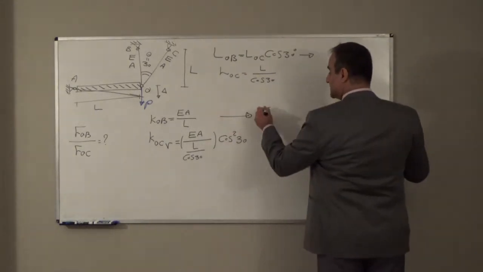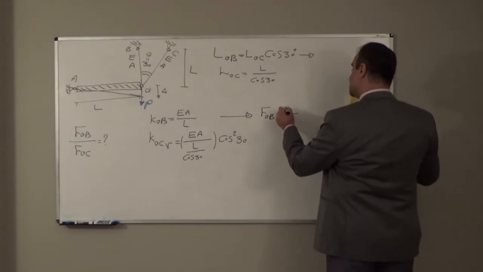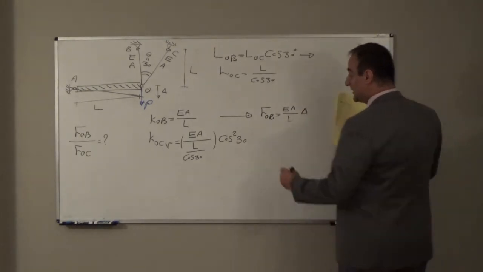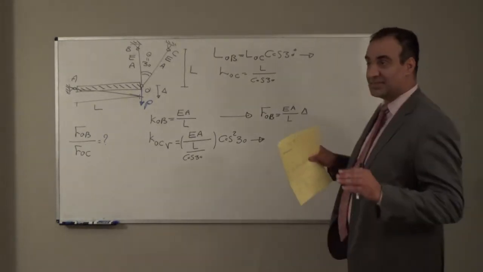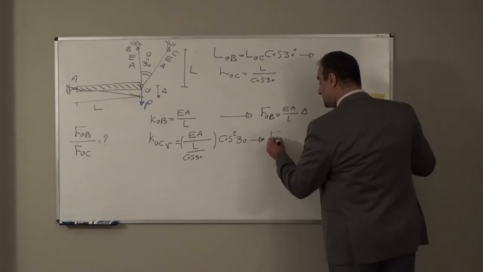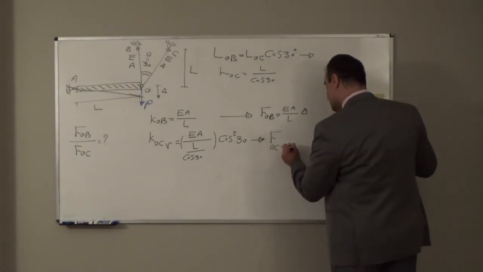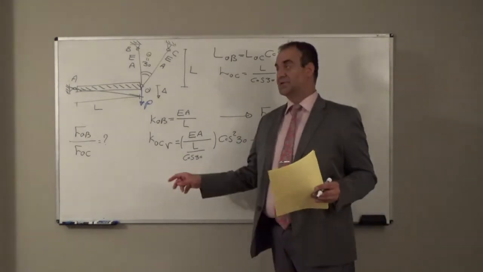Internal force in member OB will be the stiffness of that member, EA over L, times the deformation. Internal force in OC we cannot find directly, but we can find the internal force OC component in the vertical direction, because we have the stiffness in the vertical direction.